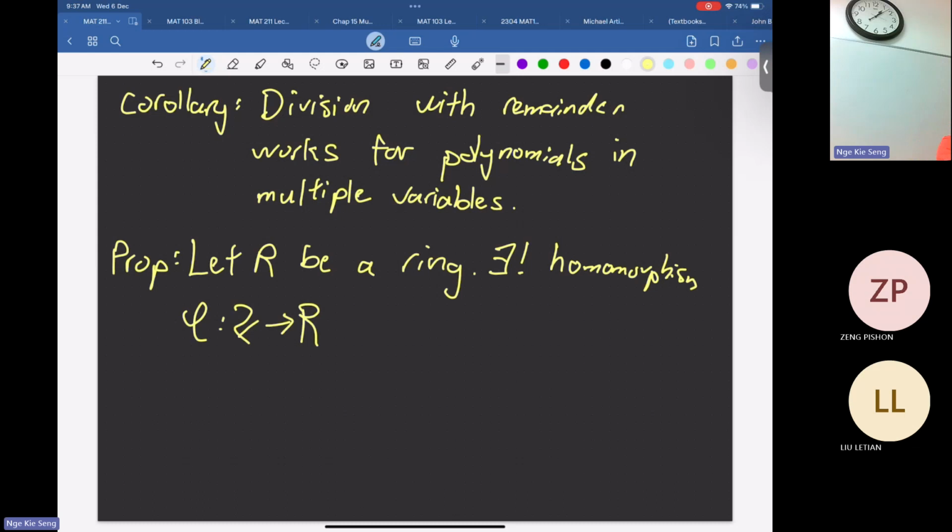Because the natural ring we think about is Z, and Z can be included into any ring. How do I define this? What do you think? How should we define Cn for all n greater or equal to 0?